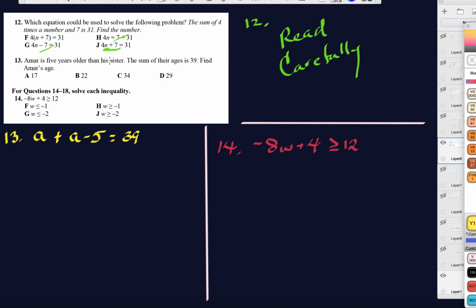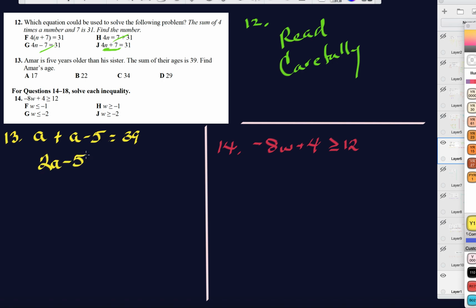Amar is 5 years older than his sister. The sum of their ages is 39. Find Amar's age. So we're going to make Amar A. We're going to make his sister A minus 5 because he's 5 years older than she is. Okay? Now we have that in order, and together we add A and A minus 5. That equals 39. So all we have to do is simplify, right? I can add A plus A, and I have 2 A's.